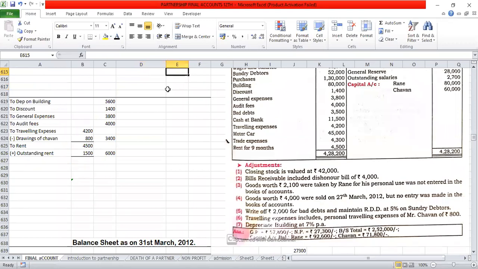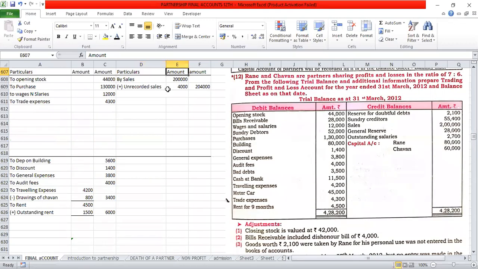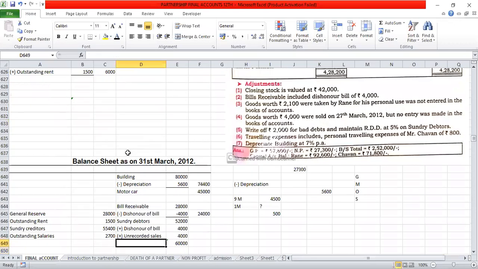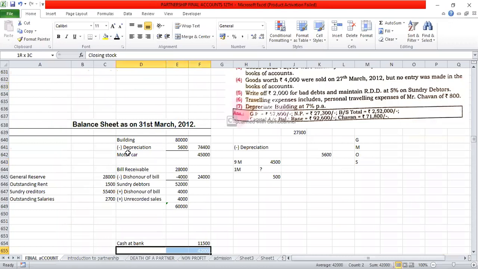Closing stock: trading account credit side, by closing stock 42,000, and balance sheet asset side, closing stock 42,000.